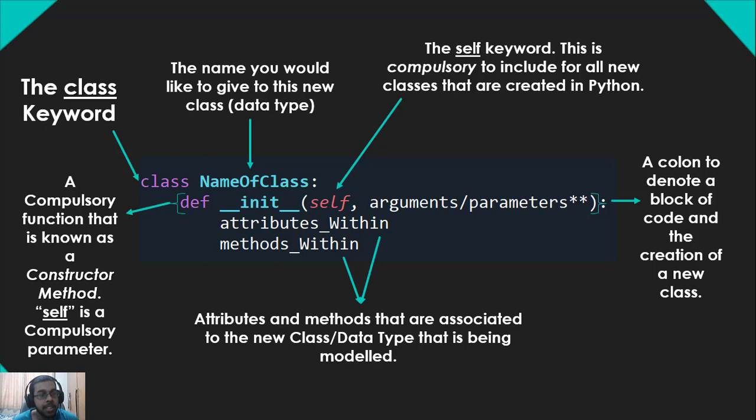Self is a compulsory parameter. Self, the self keyword. This is compulsory to include for all new classes that are created in Python. Colon, a colon to denote a block of code and the creation of a new class. Attributes and methods that are associated to the new class and data type that is being modeled.